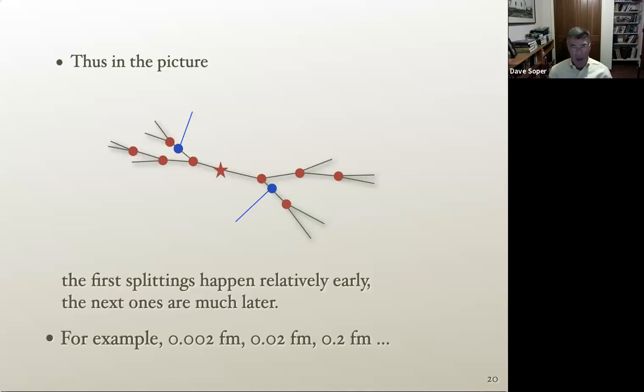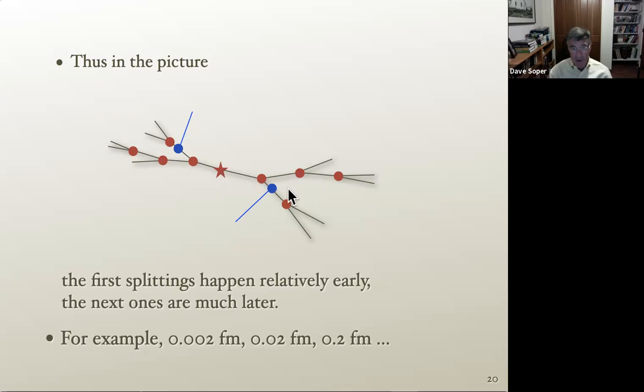What that means is, in this picture that I was using to talk about where particles are in momentum space, we can talk about the same thing in position space. A particle comes along and splits after a while, and then it goes along and splits later.